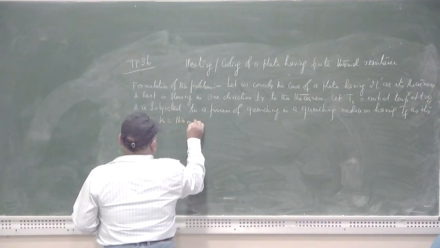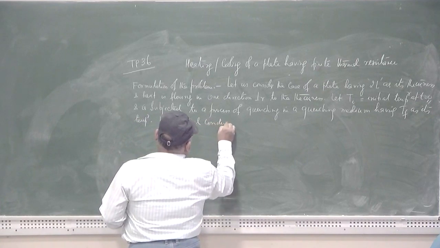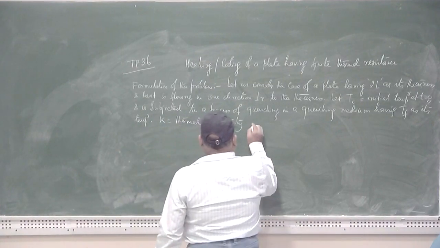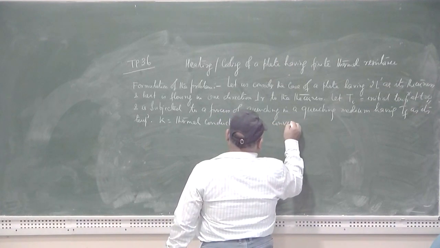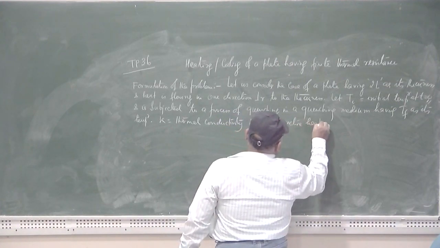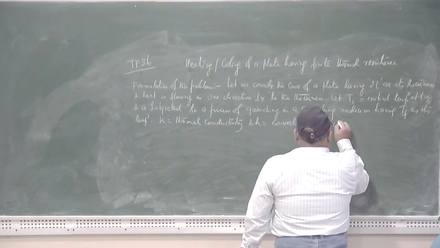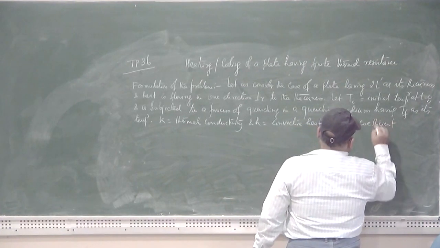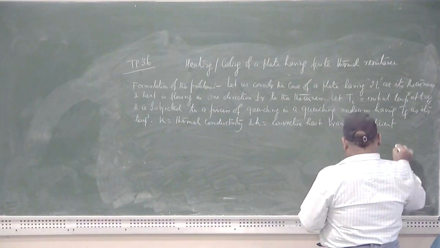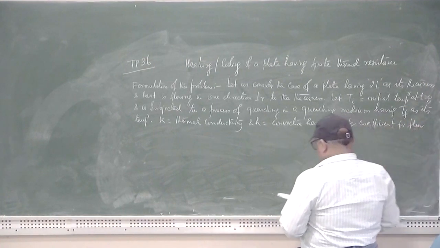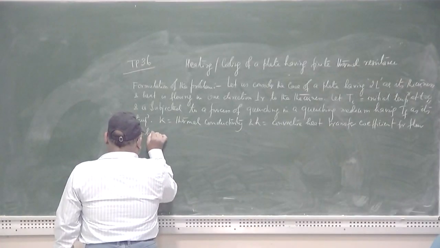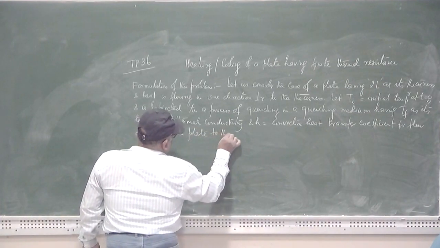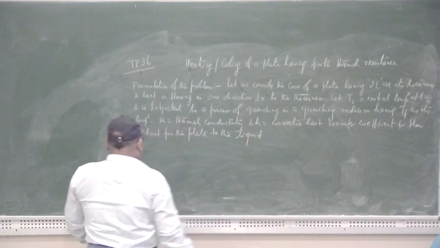K is the thermal conductivity, and h is the convective heat transfer coefficient for flow of heat from the plate to the liquid. This is the formulation of the problem.